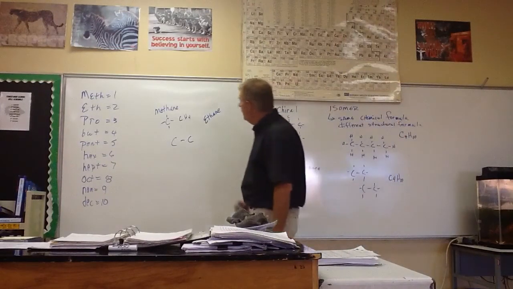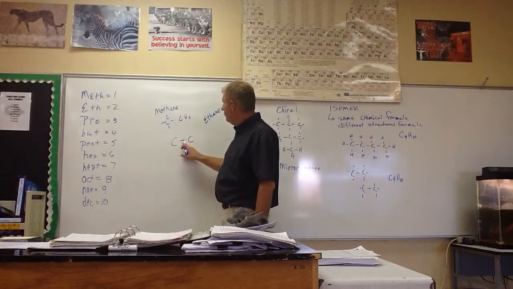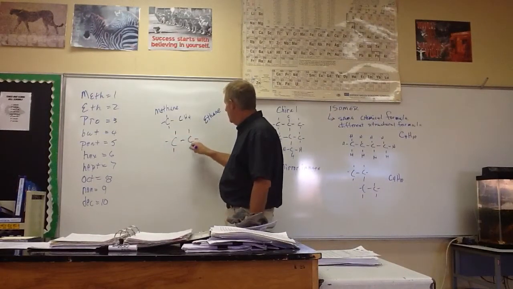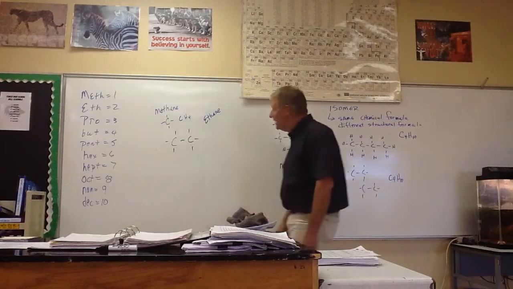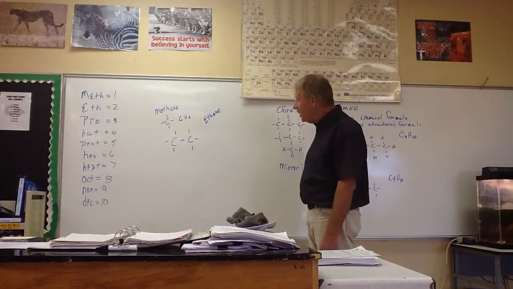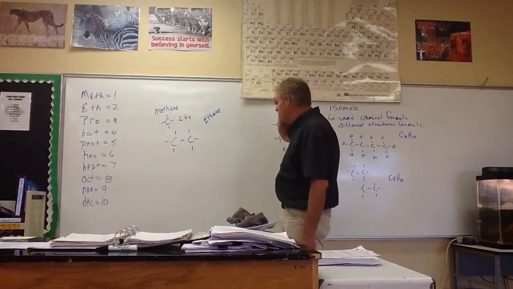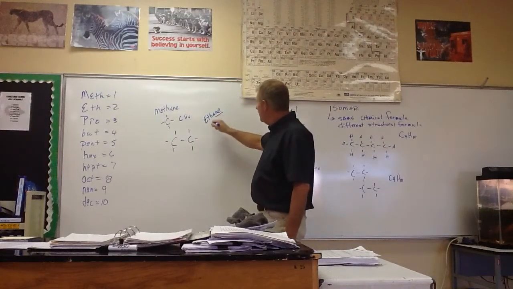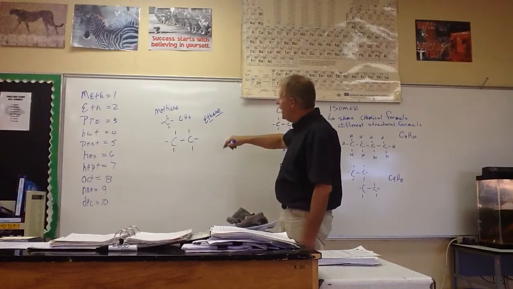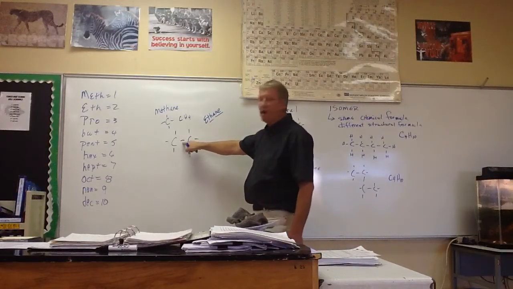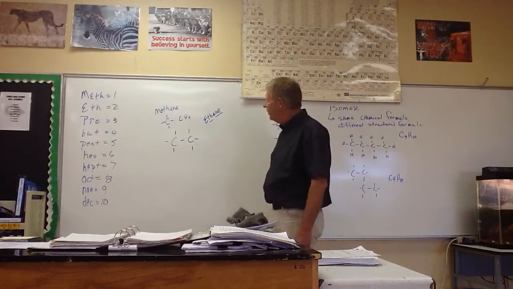So there's 1 right there making the bond between the carbons, and we have 3 more on each. Now, how did I know that? The reason I knew is because first of all, it told me eth, 2 carbons, and then it told me ane, that we're dealing with a single bond in the middle, which puts us at single bonds all the way around.